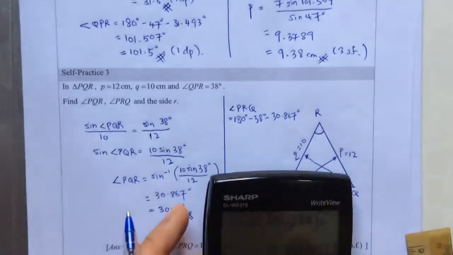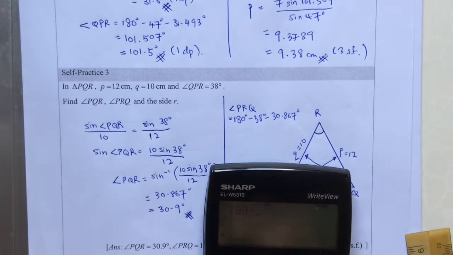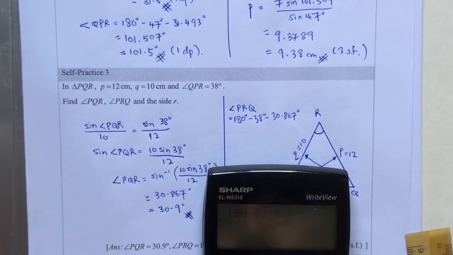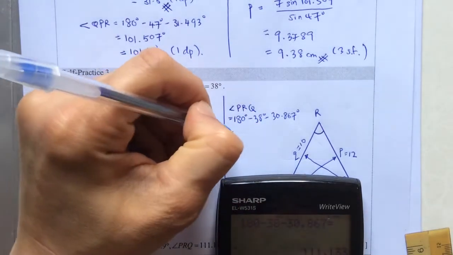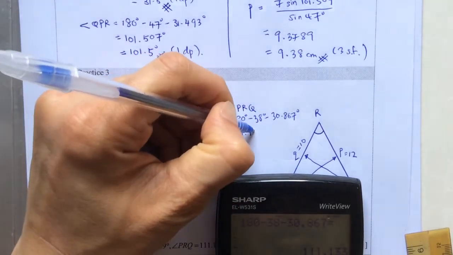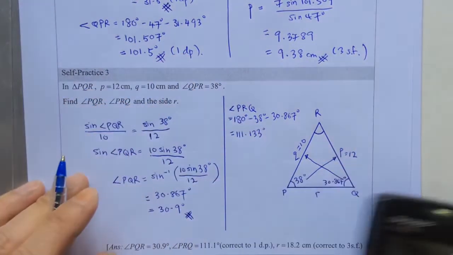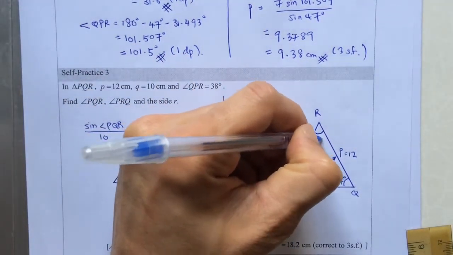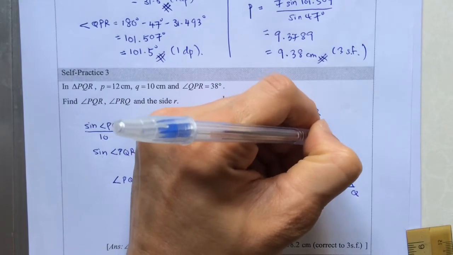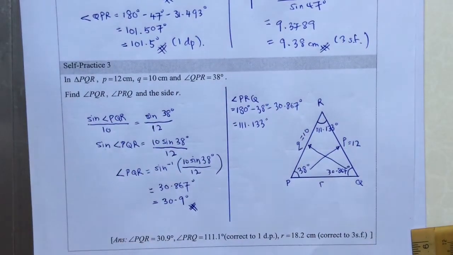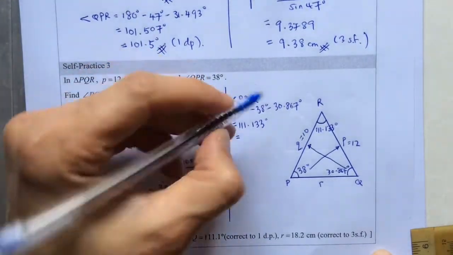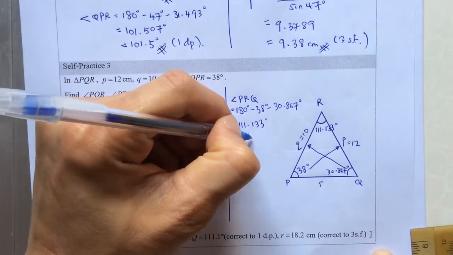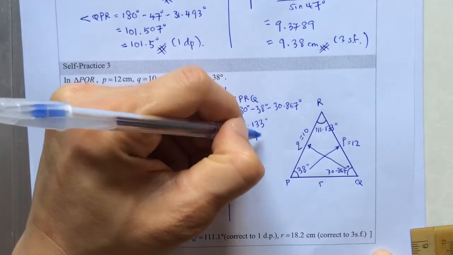And we press the calculator. And we get a value of 111.133 degrees. So this is the final answer for it. To one decimal place will be 111.1 degrees.